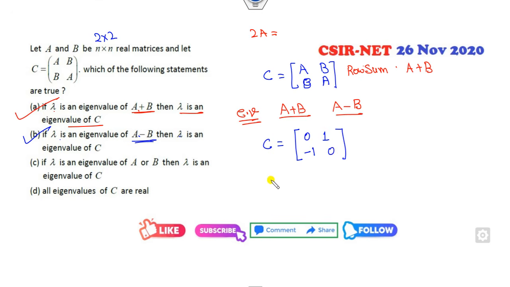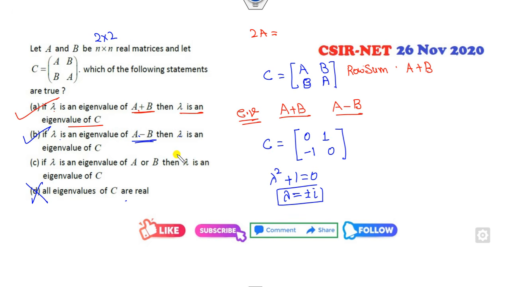This one. What is the characteristic equation? Lambda square plus 1, so lambda is plus or minus iota. A complex number. Option: if lambda is an eigenvalue of A or B, then lambda is an eigenvalue of C.